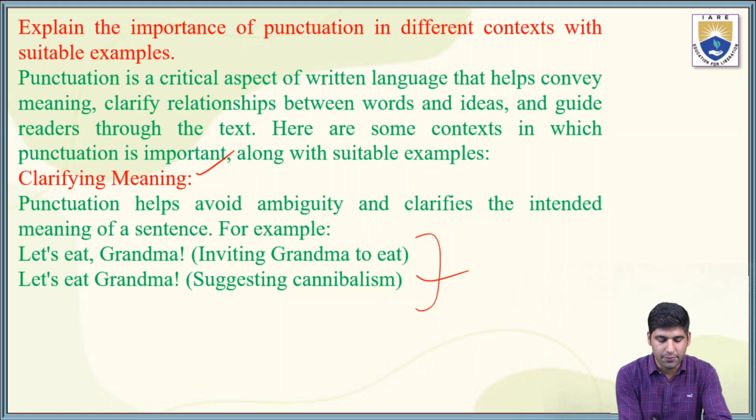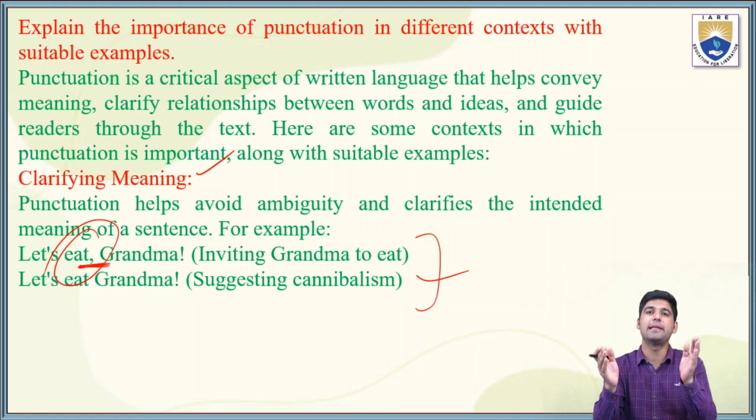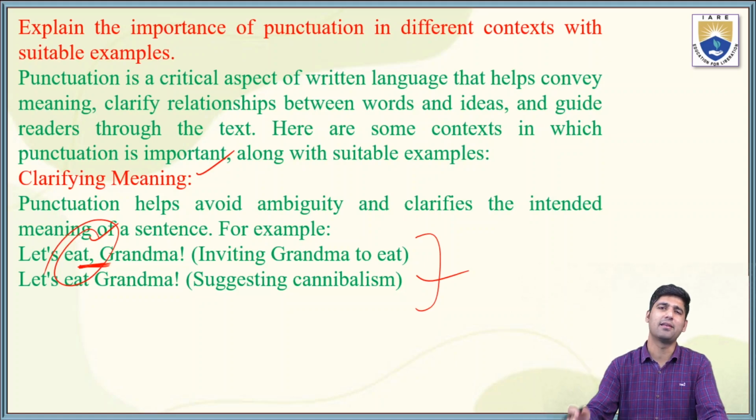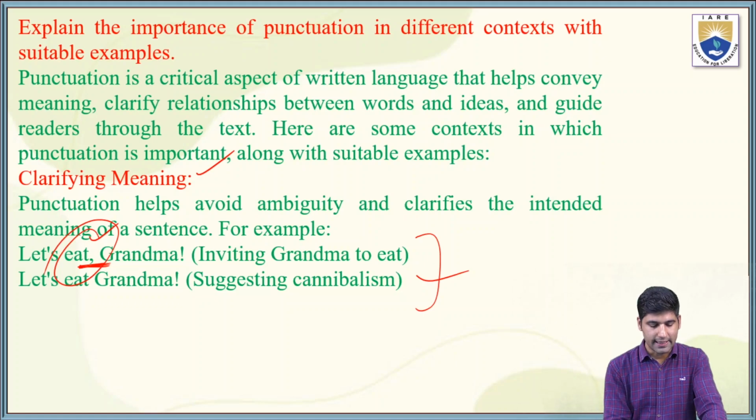Let's eat, then I have used this comma punctuation mark. This punctuation mark separates the sentence, and because of it we come to know that the person is inviting grandma to eat, any food item or anything else. But look at the second example: let's eat grandma. It suggests cannibalism.